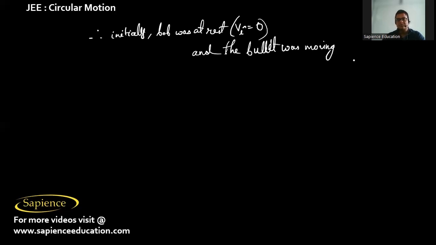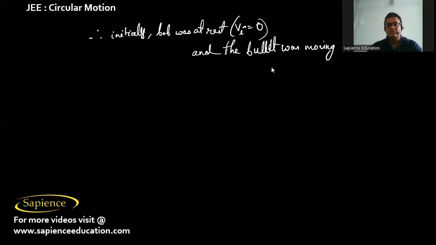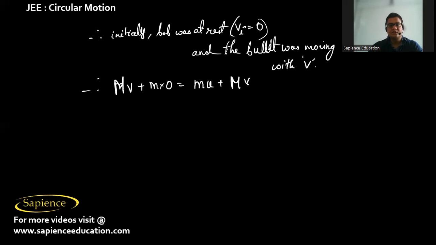Therefore, I can say that capital M into v plus small m into 0, that is the initial momentum, will be equal to m u plus M into v by 3.